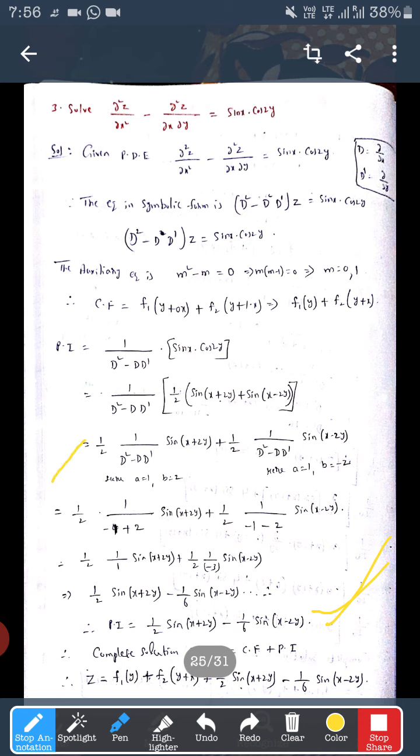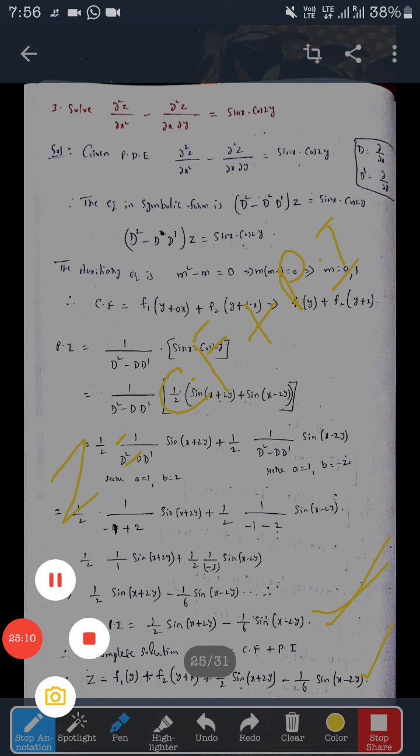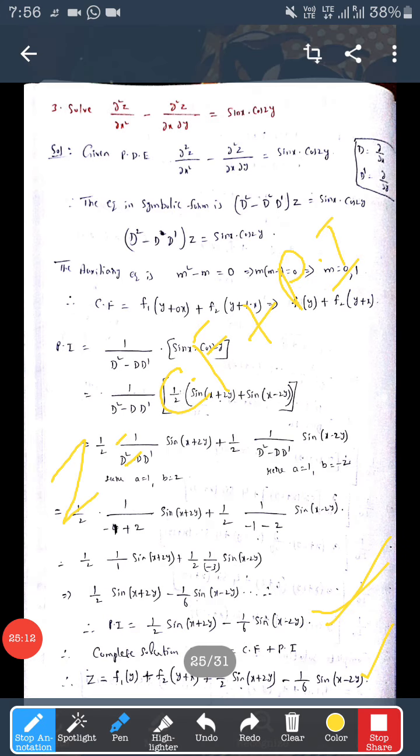Therefore, the complete solution z is equal to CF plus PI. Therefore, this is the complete solution: f1 of y plus f2 of (y plus x) plus 1 by 2 into sin of (x plus 2y) minus 1 by 6 into sin of (x minus 2y).